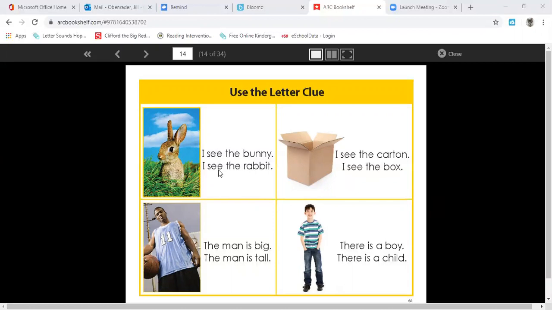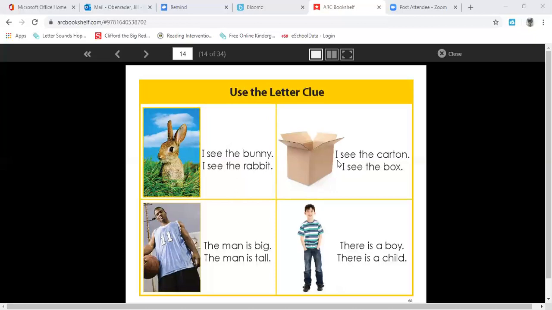So in the first one, I could ask for this bunny or rabbit. I could say, which one says, I see the bunny? So they would look at that and they would say, I see the, and I want this right here. You can see these letters, B and R. If I say bunny, you want to make sure that you are looking at the beginning sound that makes the B sound, which is the B in bunny.